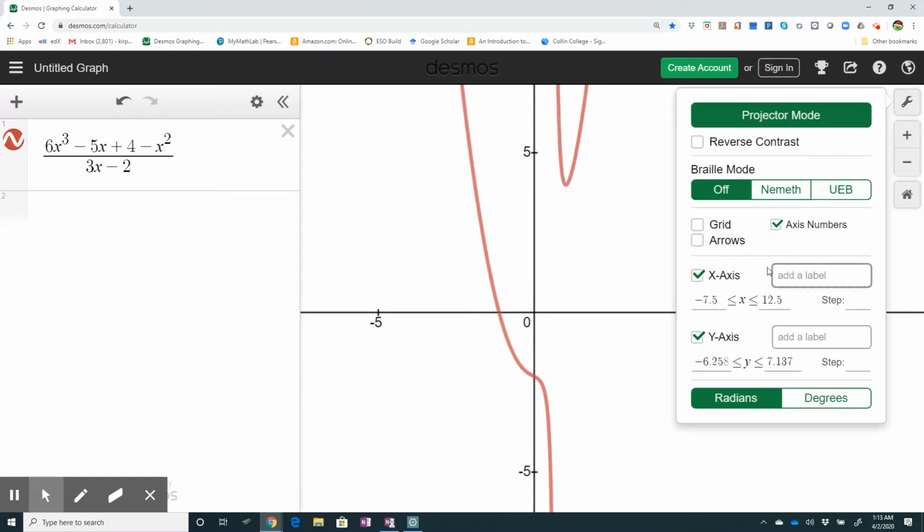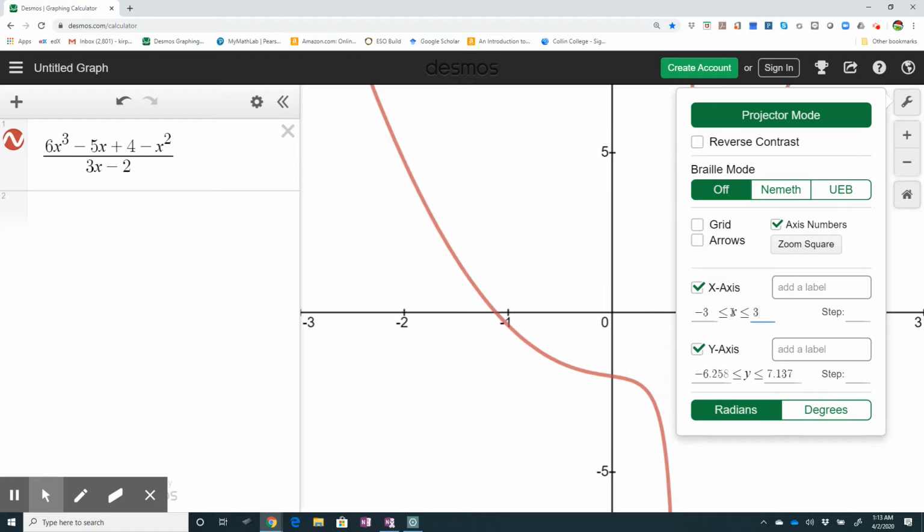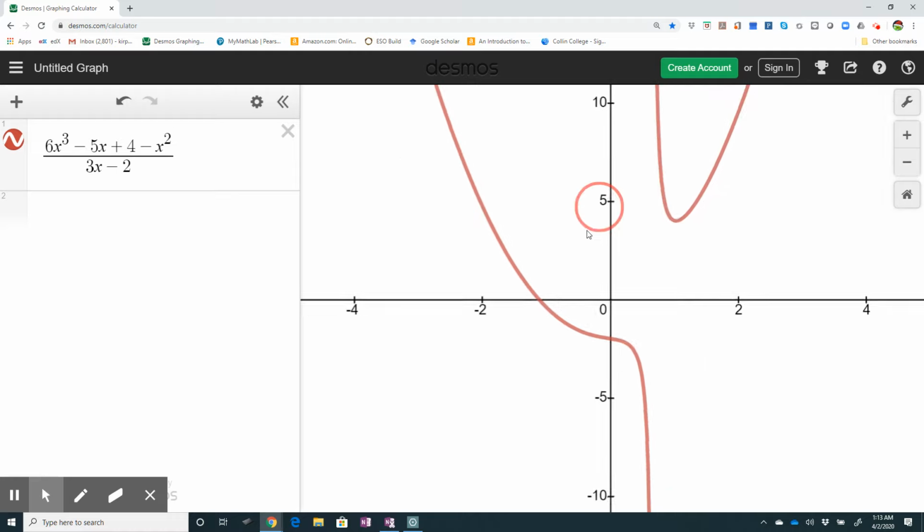It looks really nasty. I'm going to make it go between -3 and 3. So we get a graph that looks like this.